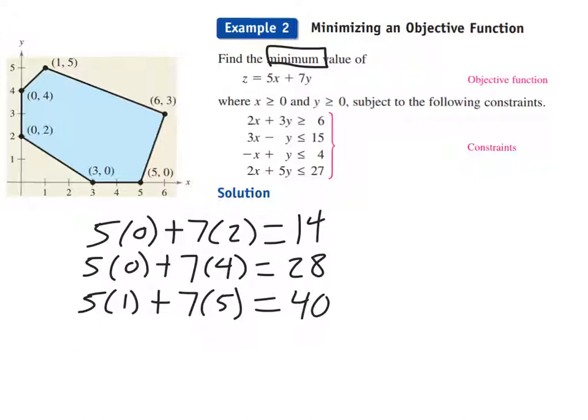That's not going to be it. 6, 3. I'm getting the sense that that point is not going to work. In fact, I think that's going to give me a value for z that's quite large. Sure enough, 51. We can check 5, 0.